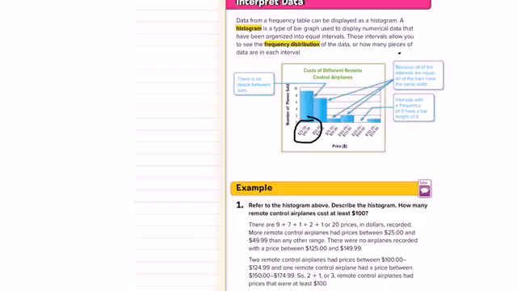So if they want to know how many remote control airplanes cost at least $100, that would mean $100 or more. I'd have to add those up. So there were 2 here plus 1 here, which would be a total of 3 remote control airplanes that had prices that were at least $100. Try the Got It problem below to check your understanding.